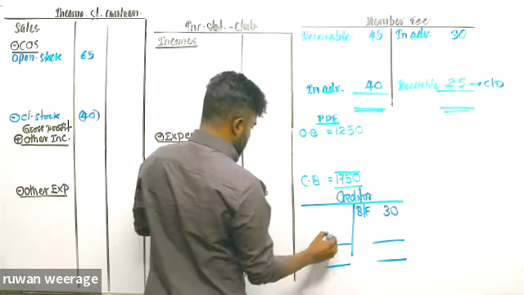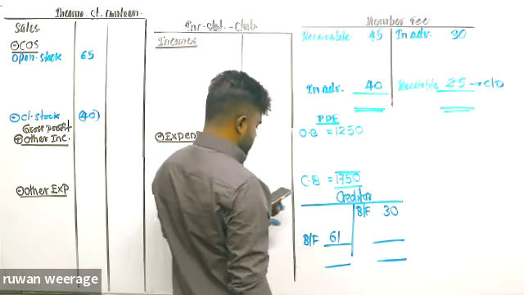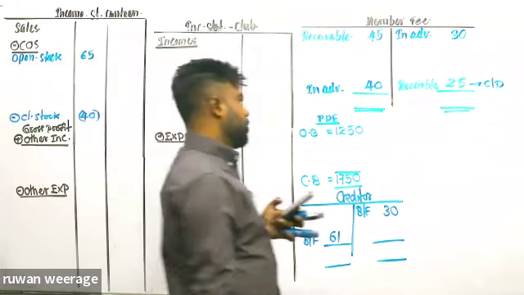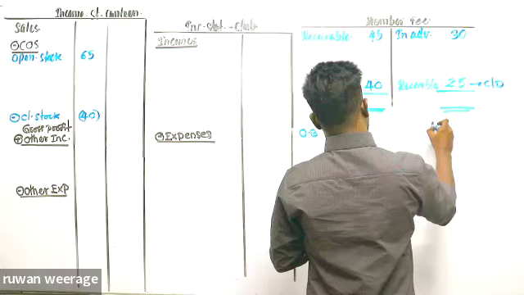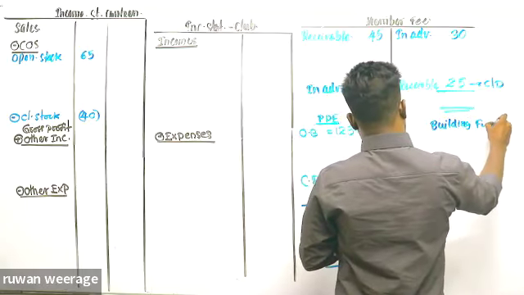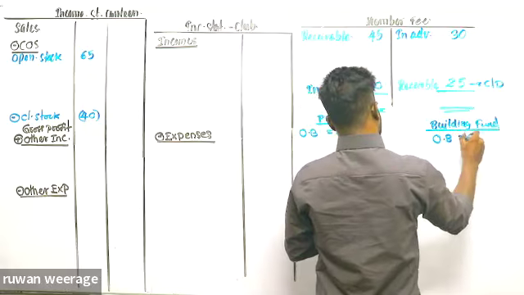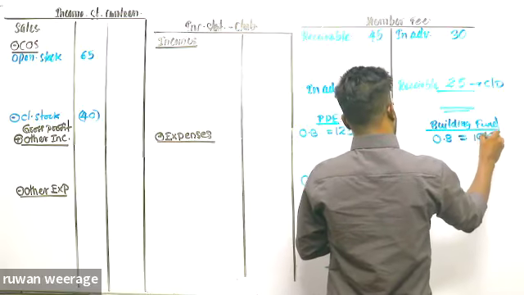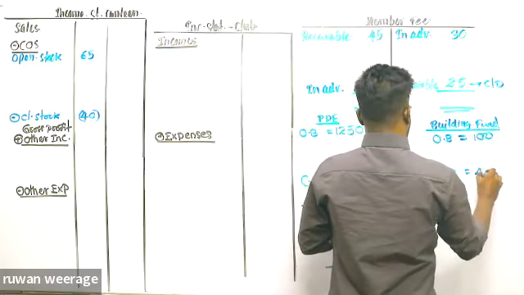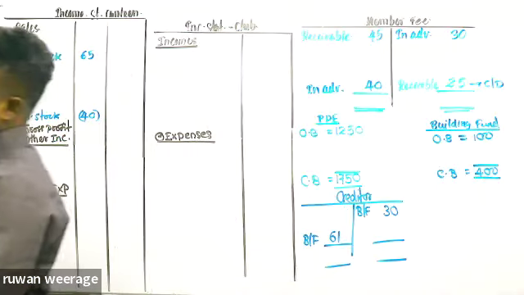Closing balance 61,000. Next one, building fund. If you want, write down the building fund in workings. You can prepare a T account or opening and closing balances. Opening balance 100. Closing balance 400. Now we have recorded the opening and closing balances in the relevant areas and under workings.